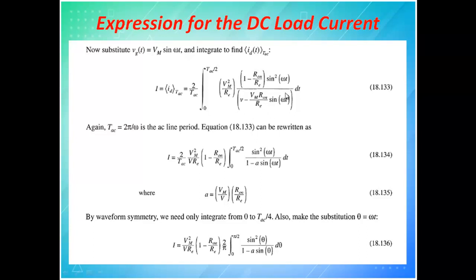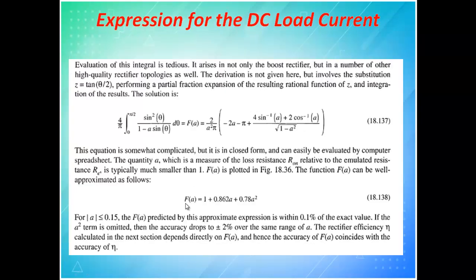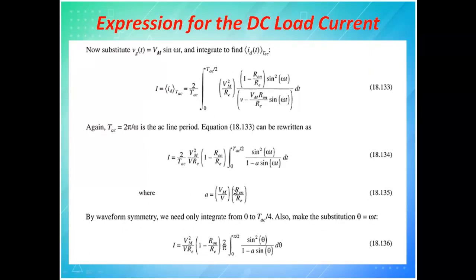It needs a computer to do it, but we will try to simplify and write the equation as you can see here. We finally reduce the equation, with a equal to Vm by V, Ron by Re. So this is the final equation.